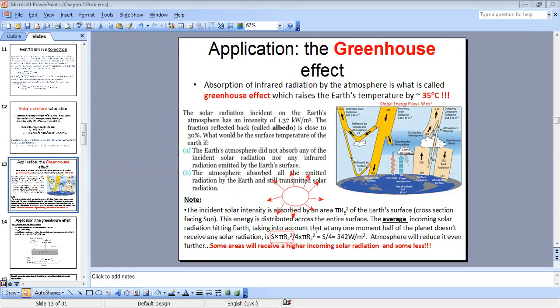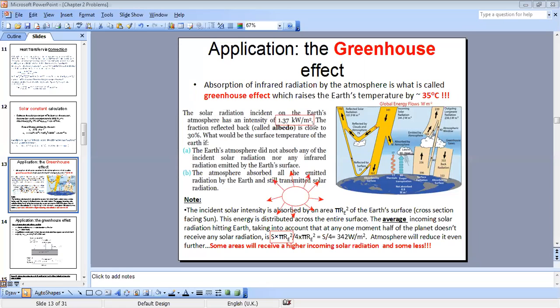So the intensity of radiation is the solar intensity reaching the Earth over 4. Let's say we assume that 100% is transmitted to the Earth, we don't take the effect of the atmosphere, then the solar intensity will be 1.37 kilowatt per meter squared.